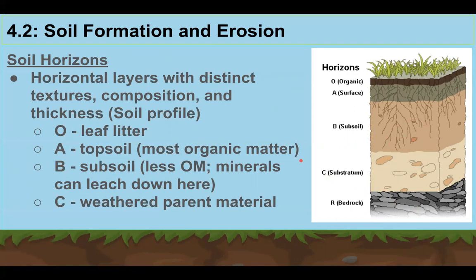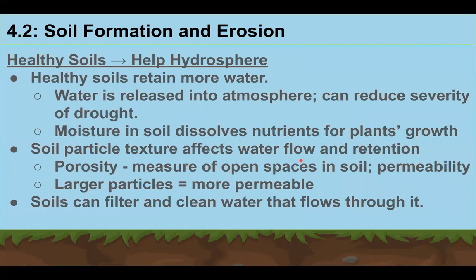All right, so healthy soils are going to be ones that can retain water. Water needs to be able to flow through, yes, but water also needs to be retained. So a good mix of the different particles in the soil will help to not just let water flow through, but also help to hold the water there.